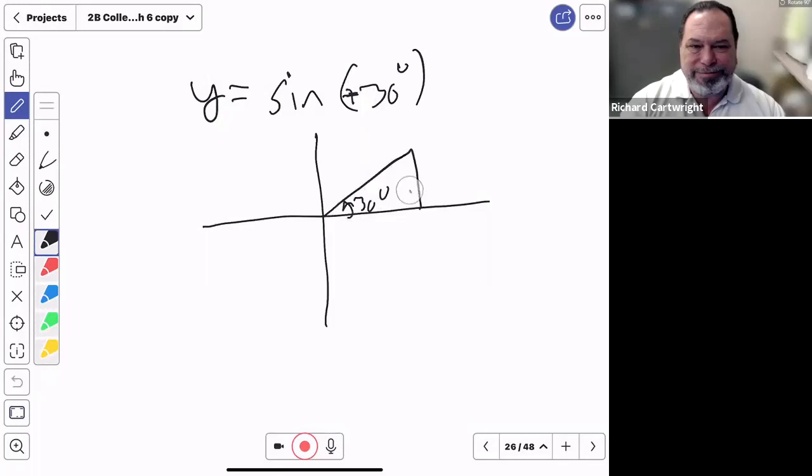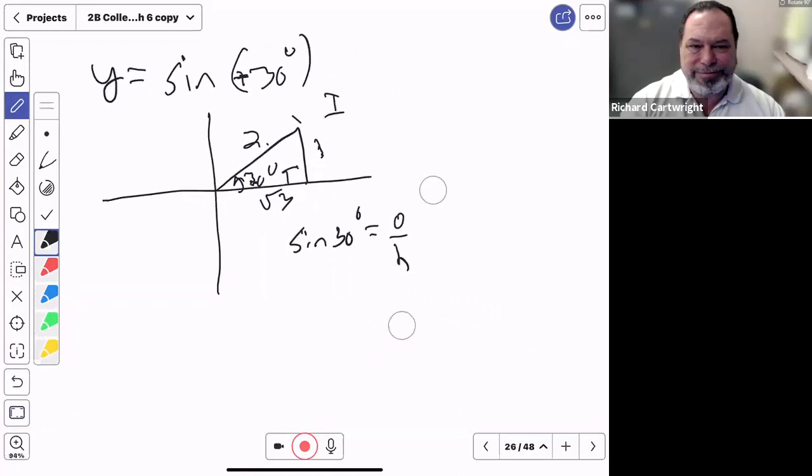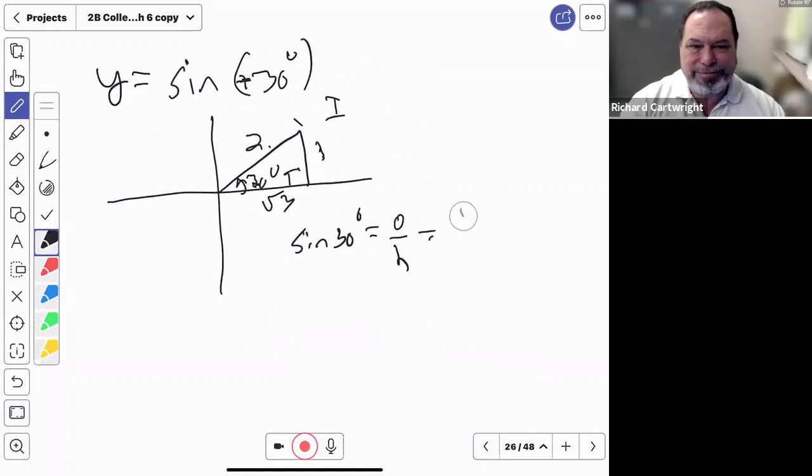If I draw my triangle, then opposite 30 is a 1. The hypotenuse is always a 2, and the other leg has to be the square root of 3. The sine of 30 degrees in quadrant 1 is opposite over the hypotenuse, or opposite over the radius, however you want to do it, will be 1/2.